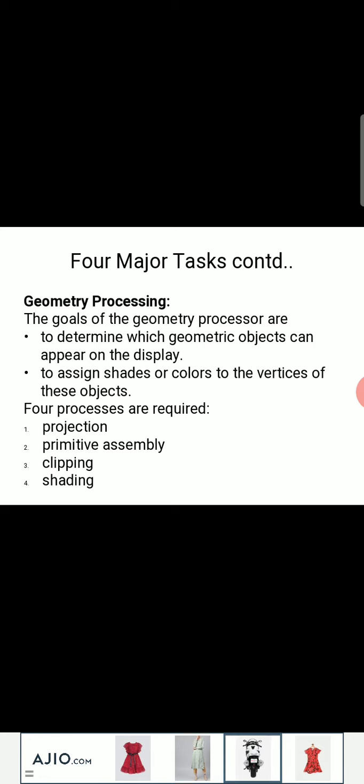The goals of the geometry processor are to determine which geometric objects can appear on the display and to assign shades or colors to the vertices of these objects. In order to do this, it has four processes: calculating the projection of the points, assembling the primitives, clipping, and shading.